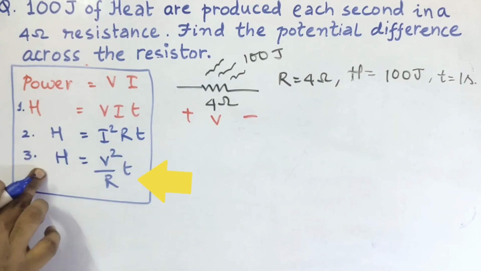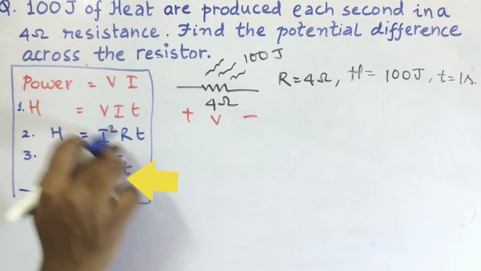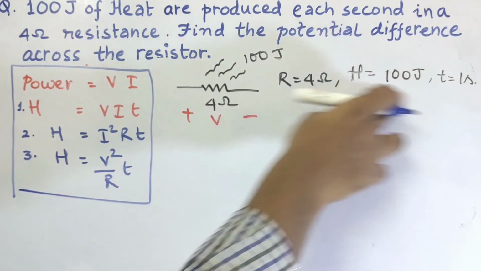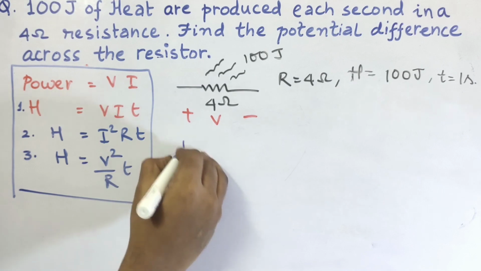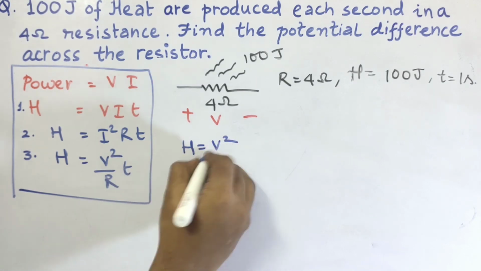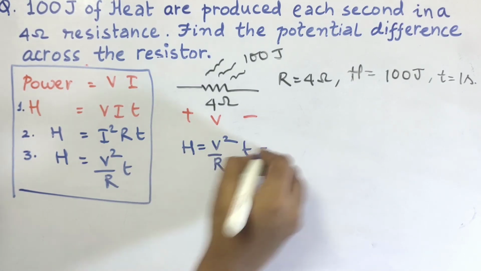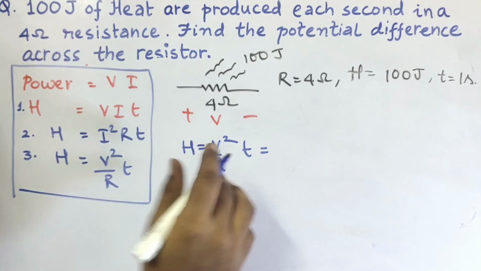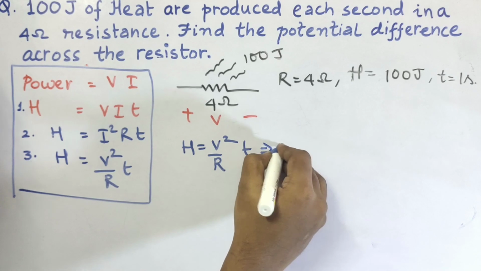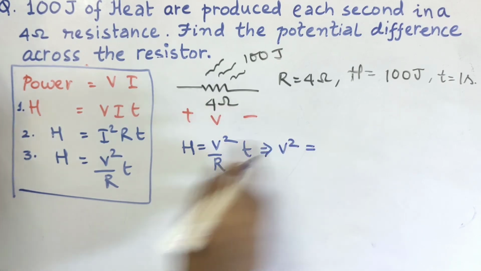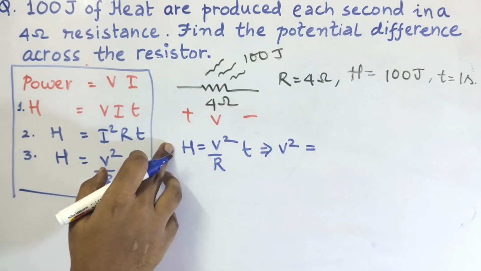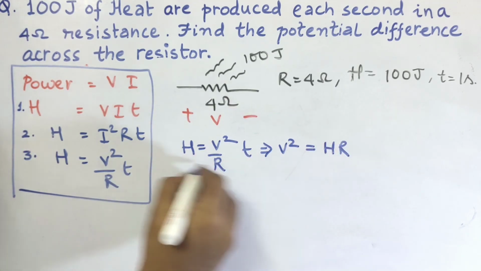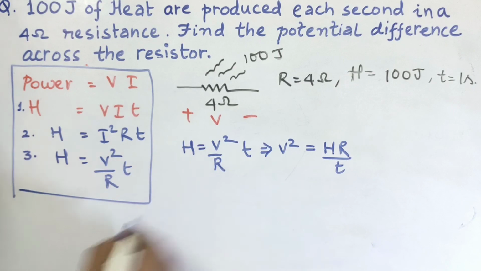So we will be using the third one, which is independent of the current term, as the current value is not given here. So I'm going to use the third formula, H is equal to V square by R into T. What is the value of voltage? We have to find out. So V square is equal to, R goes to the other side, we'll get HR, and T goes to the other side, it will divide.